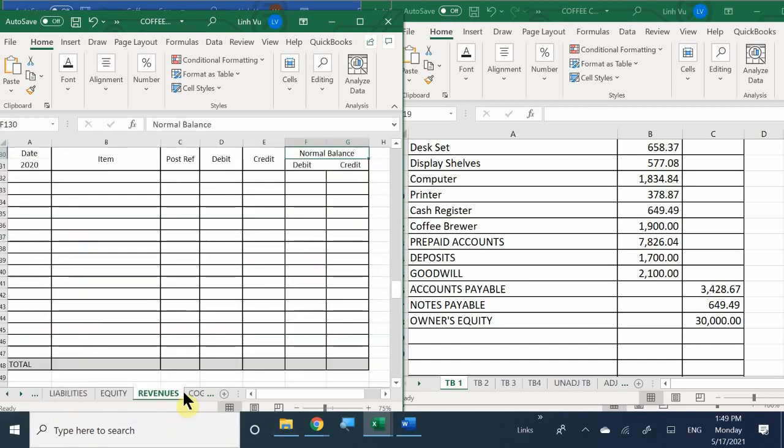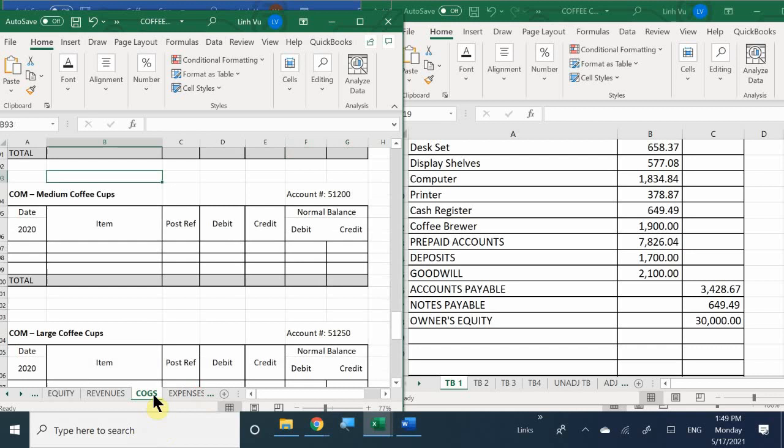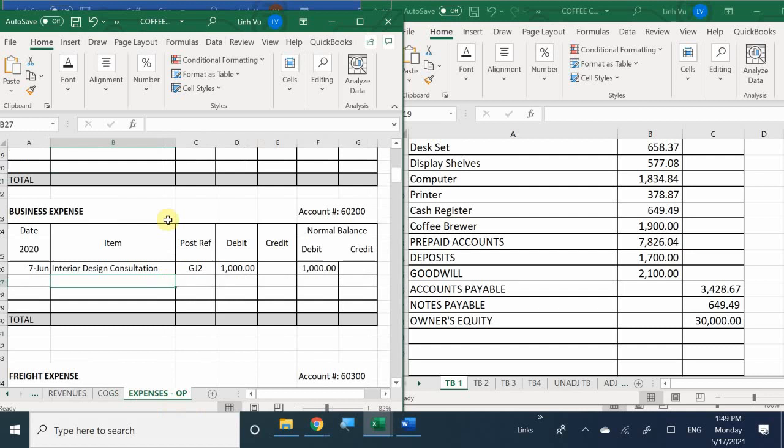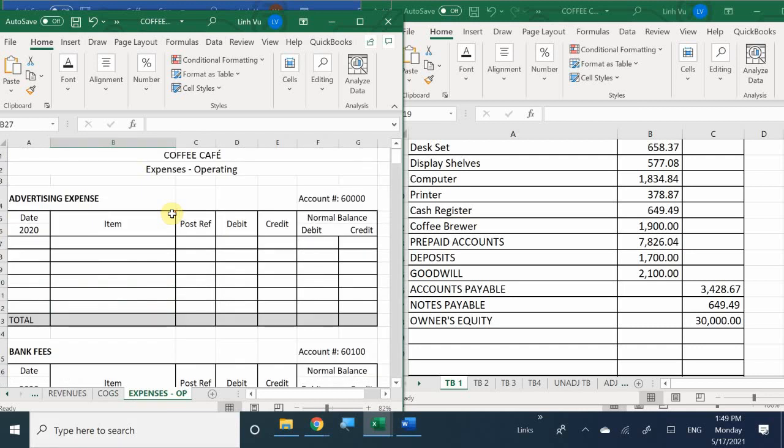We haven't opened our store yet, so we haven't done any revenues yet, so we earned nothing yet. We didn't purchase inventory yet, so there's no purpose for us to have a cost of goods sold. However, we could go ahead and fast forward to my expenses because, yes, I actually do have some expenses.